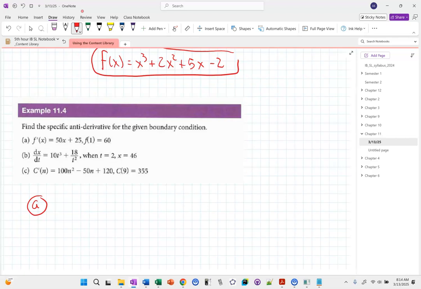All right. Yep, we want to find the antiderivative to start. So it would be what? Great.